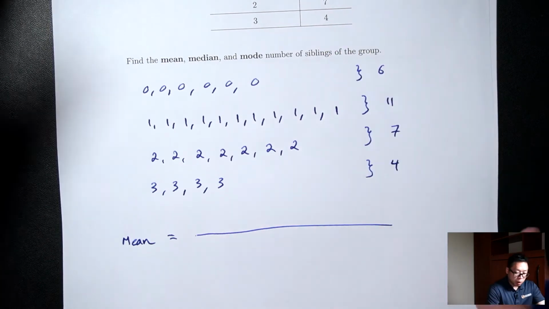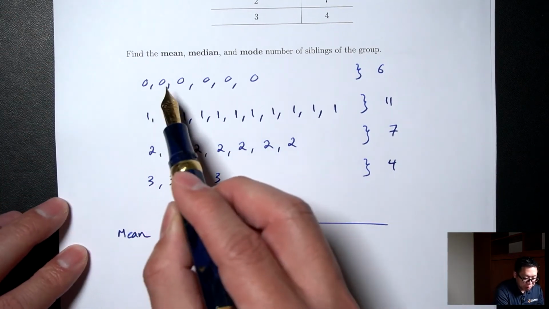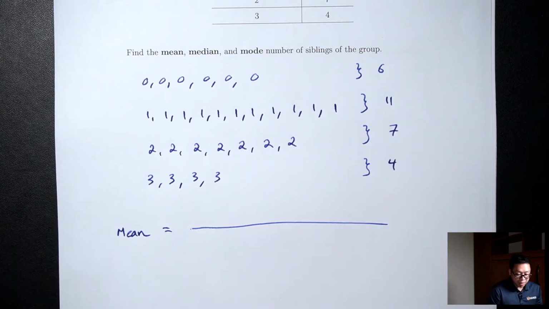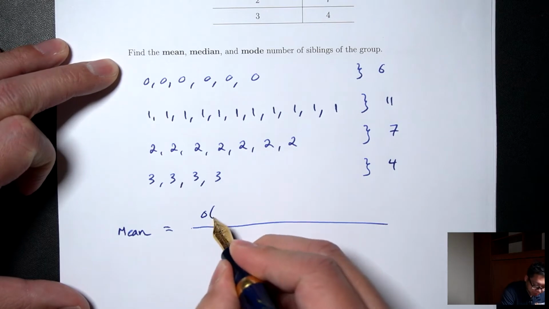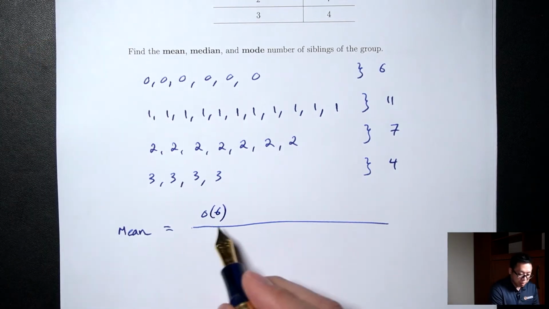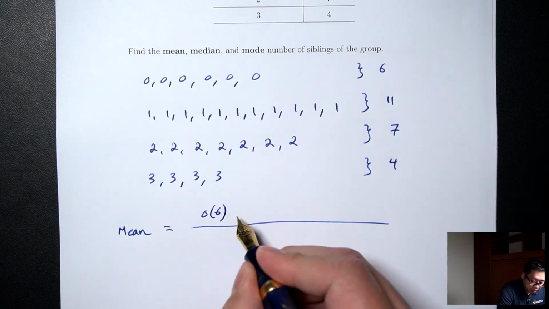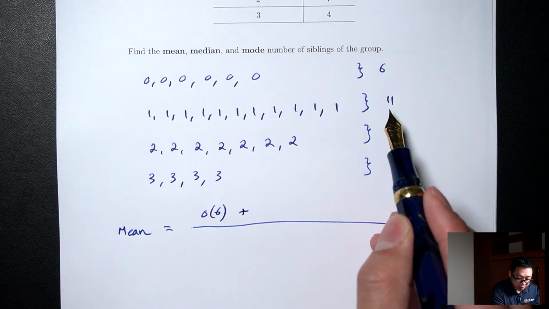So let's be smart about this. To add up the data values, you could go 0 plus 0 plus 0 plus 0 plus 0, 6 times. But that's the same thing as saying 0 times 6. Right? 0 times 6 means 0 plus 0 plus 0, 6 times. You could add up 1 plus 1 plus 1 plus 1, 11 times.